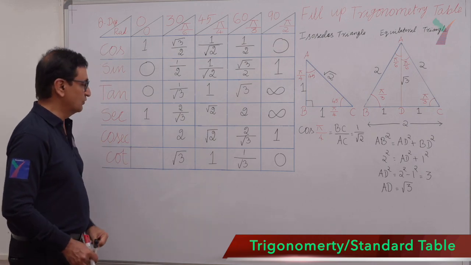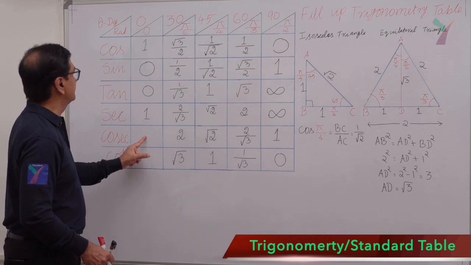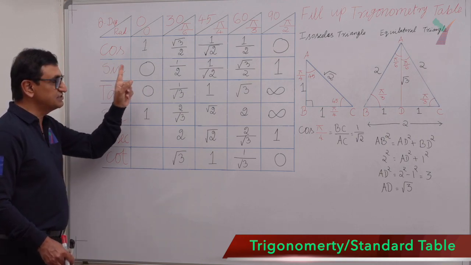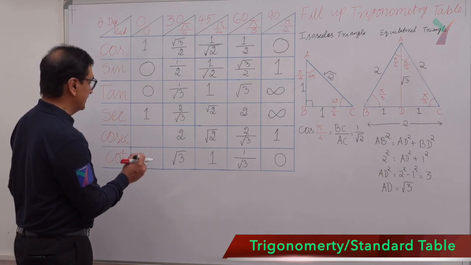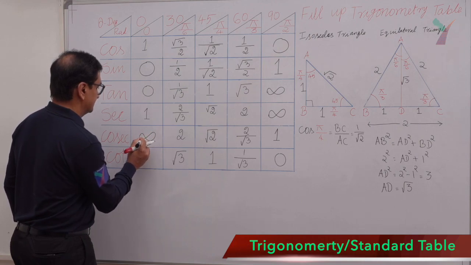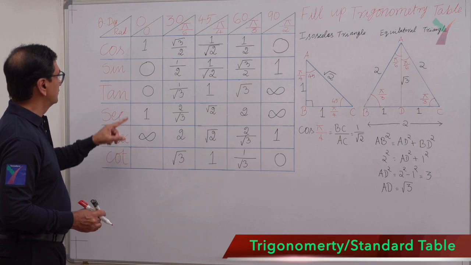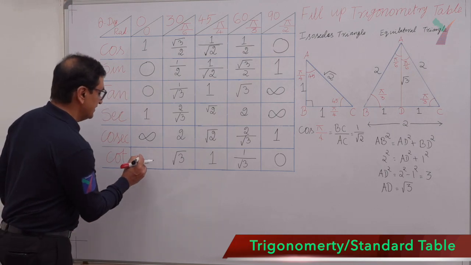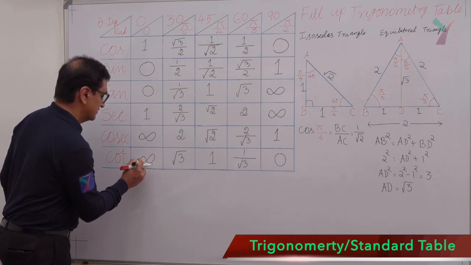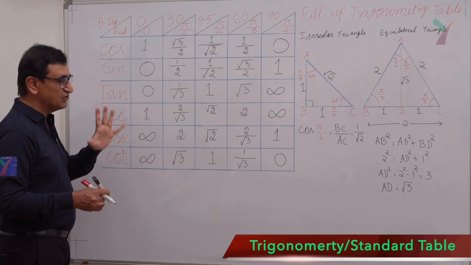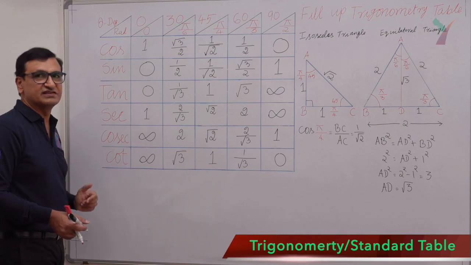Now, let's look at cosecant 0. Cosecant is reciprocal of sine. That is reciprocal of 0, which is infinity. Cot 0, reciprocal of 0, again infinity. Okay, cot 0 is infinity because tan 0 is 0, and the reciprocal of 0 is infinity.